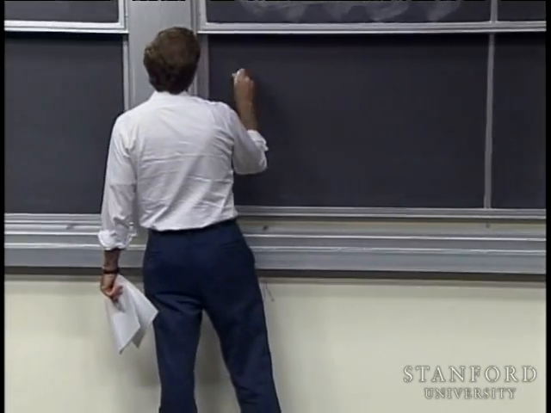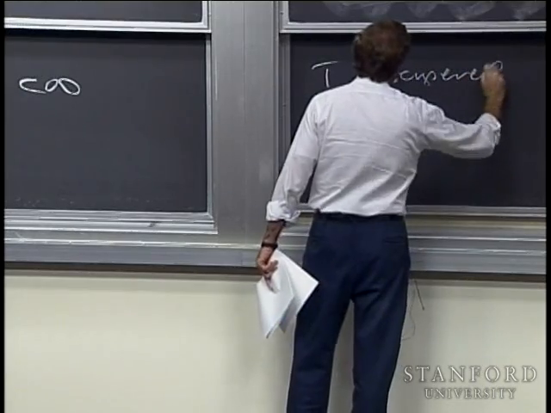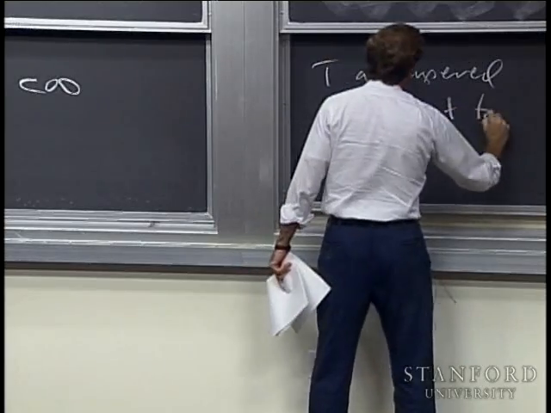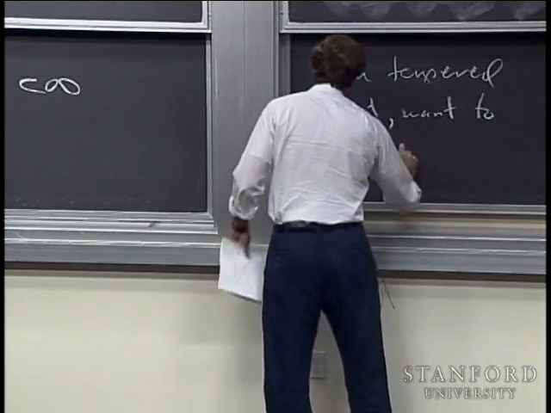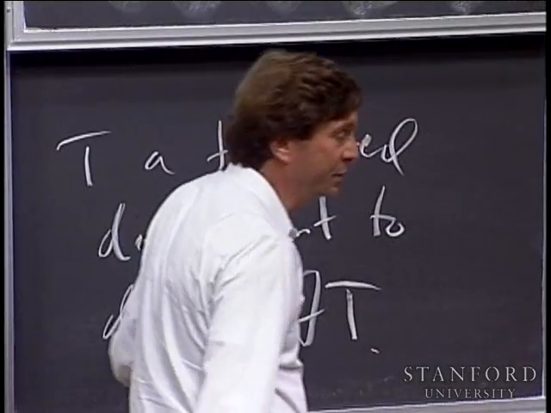If T is a tempered distribution, I want to define its Fourier transform. And this will be another tempered distribution.